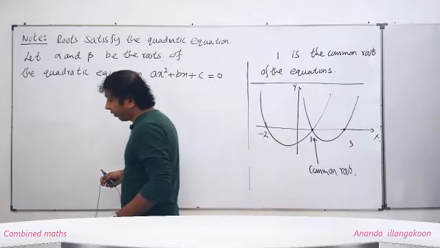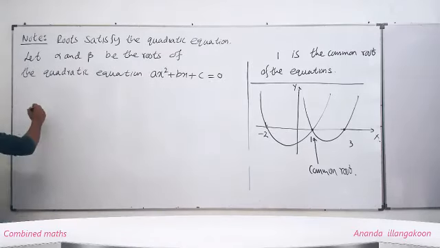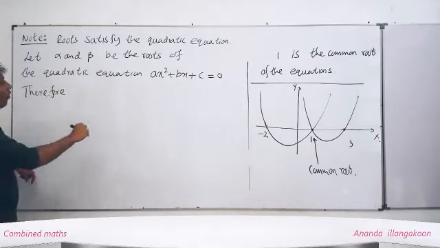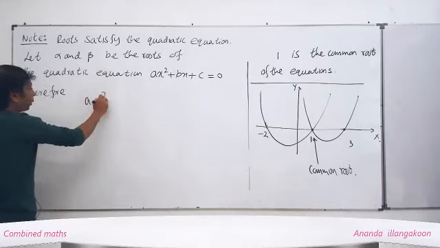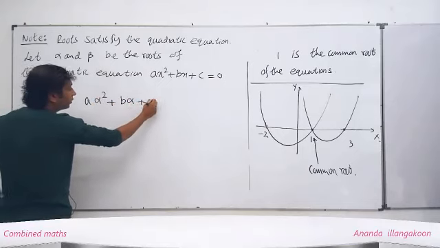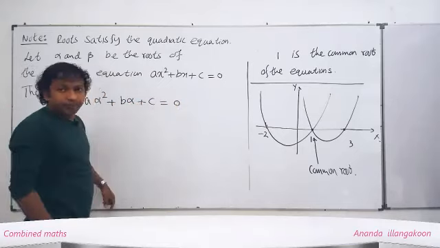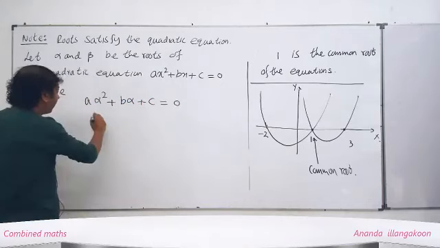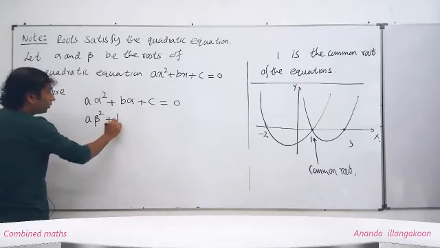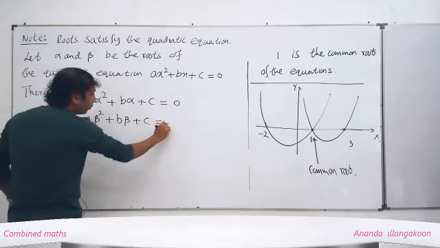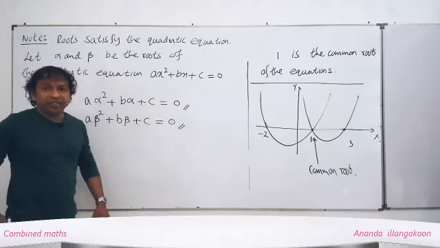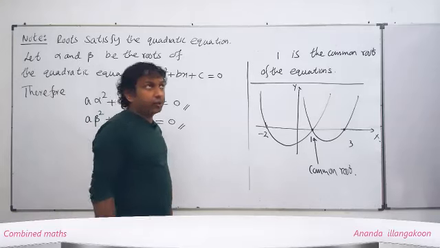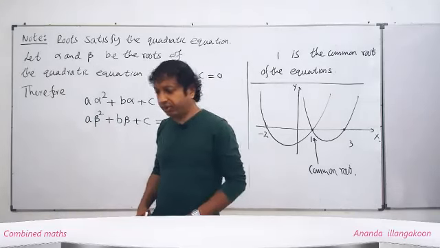Then you can write: therefore, put alpha in place of x, right? a alpha squared plus b alpha plus c equals 0. Similarly, we can put beta: a beta squared plus b beta plus c equals 0. These are the two relations we can obtain by that statement, a root satisfies the quadratic equation. Right. Okay.